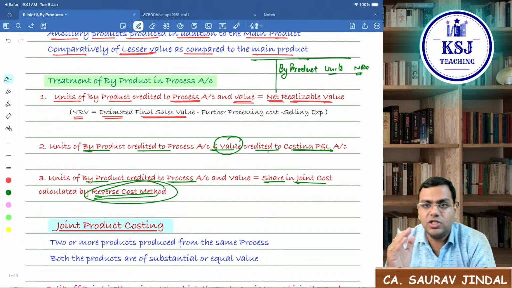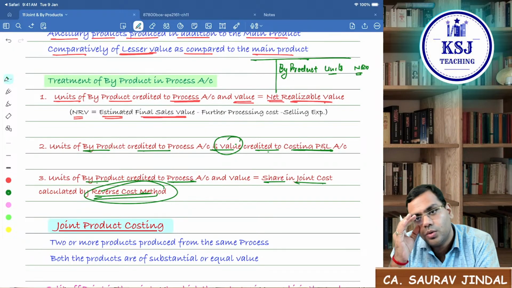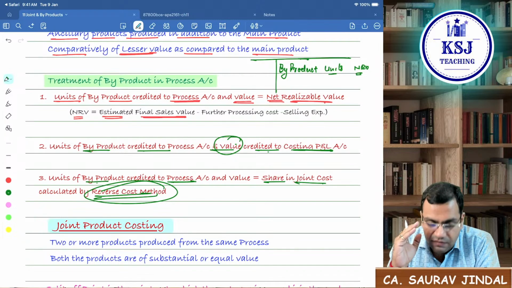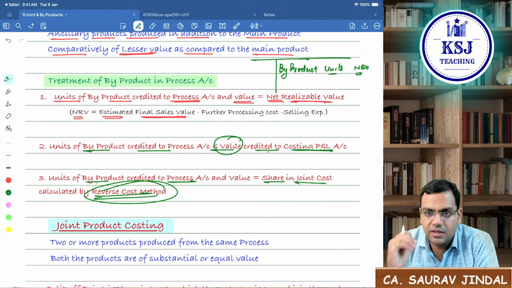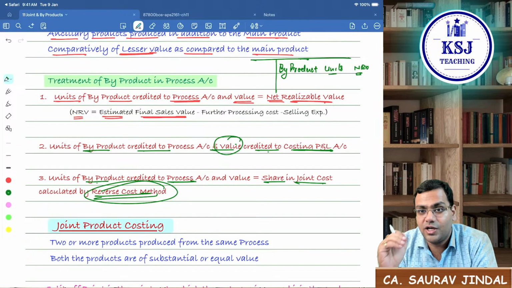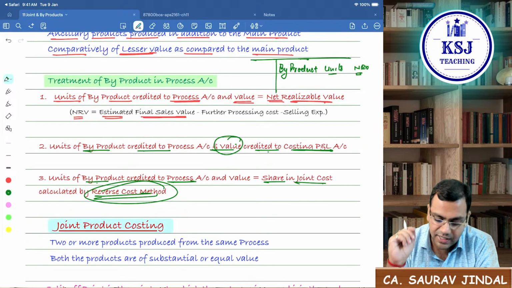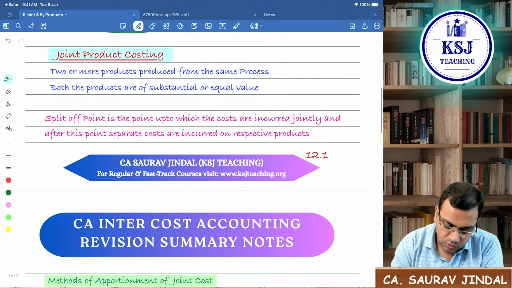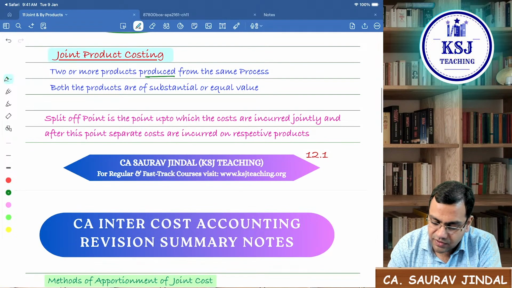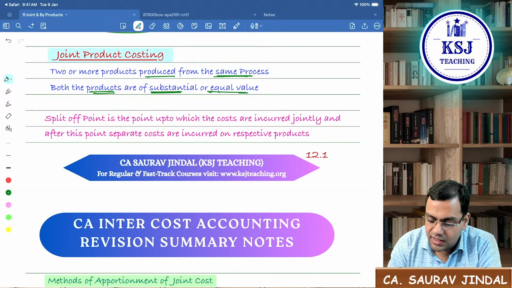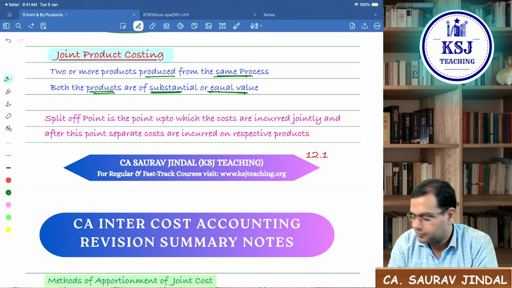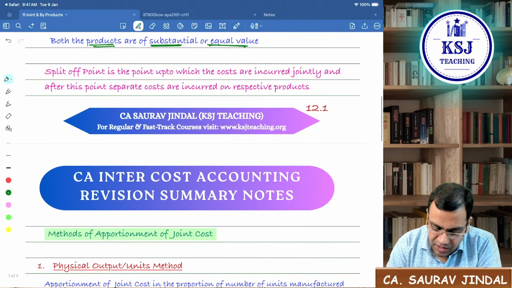Now the major part of this chapter is related to the joint product, where we have different methods of distribution of joint cost to the joint products, right? What are those methods? First, what is a joint product? It is produced from the same process, and both products are of substantial or equal value. Then, what is a split off point?